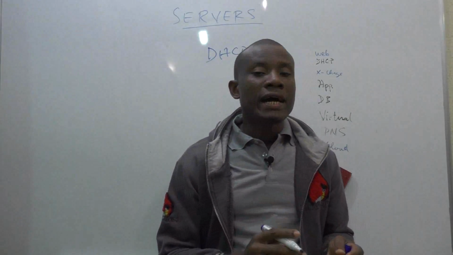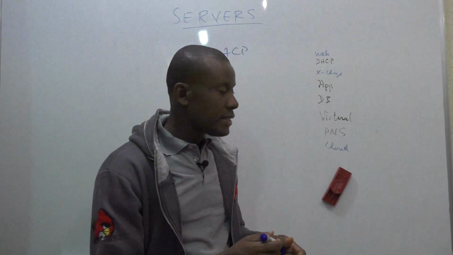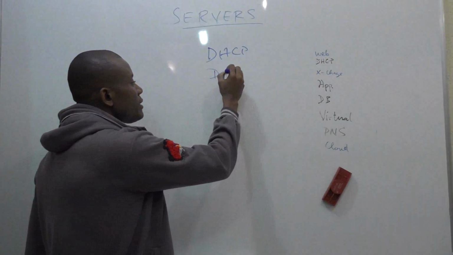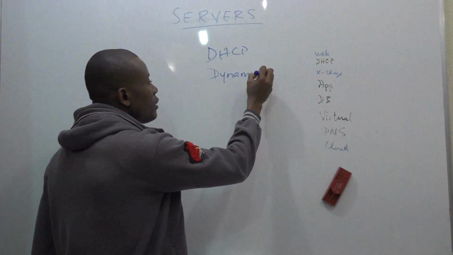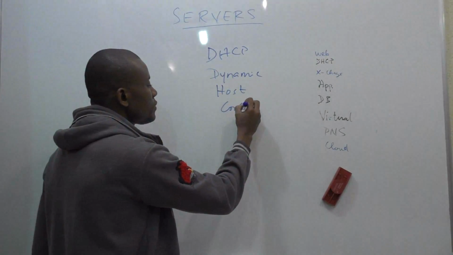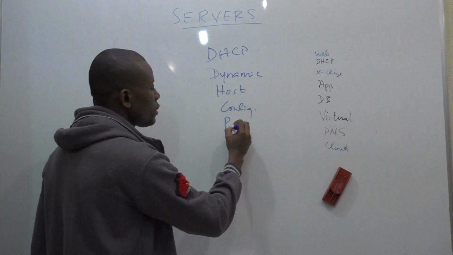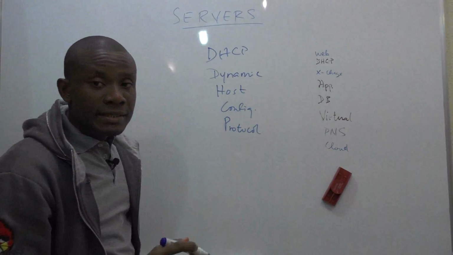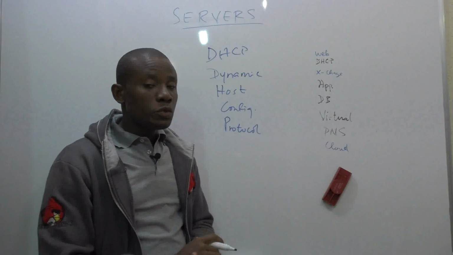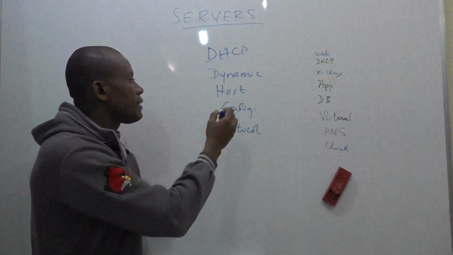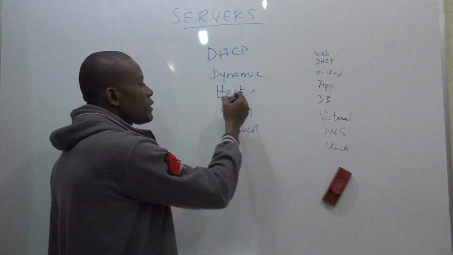And that is why we have DHCP server. And I say DHCP means Dynamic Host Configuration Protocol. So what it means is that computers on the network are referred to as hosts. The hosts are the computers on the network.